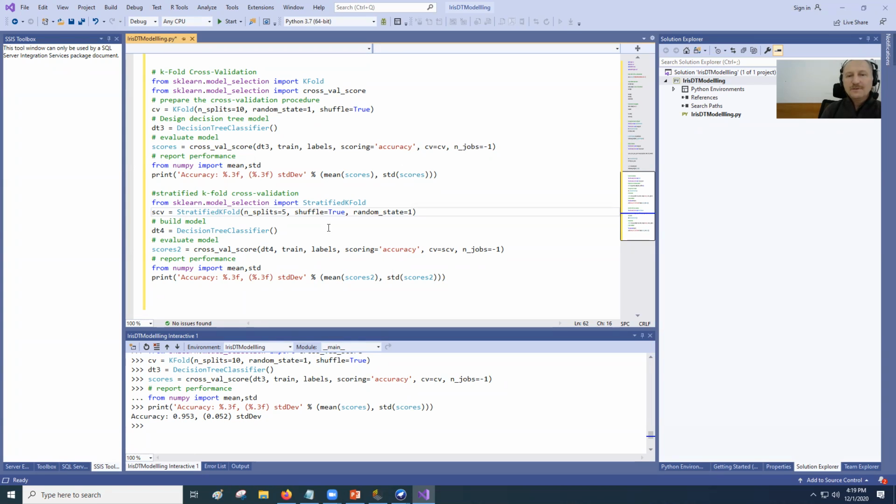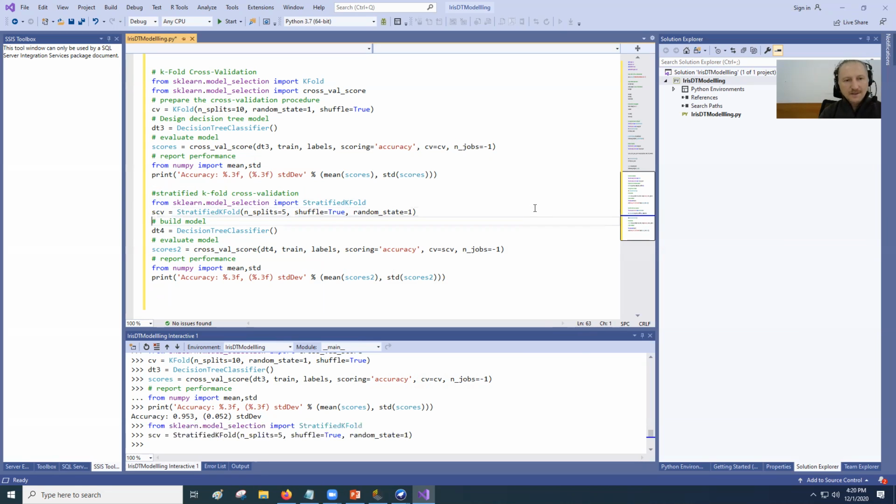For example, if 90% of data comes from class A, then in each fold, 90% of the data will come from class A. If class B has 10%, then 10% of the data will come from class B. In every fold there will be a representative from both classes. If there are more classes, there will be a representative for each class.